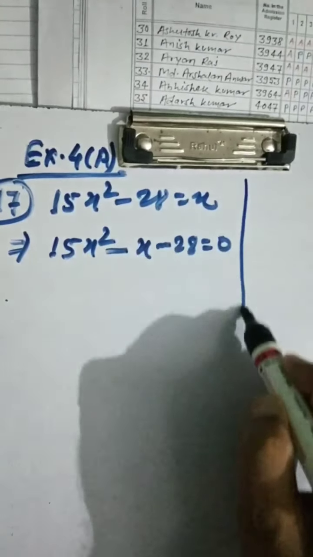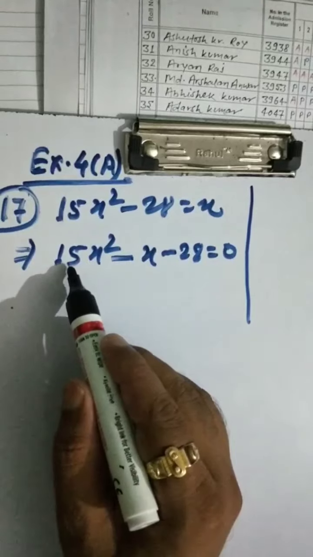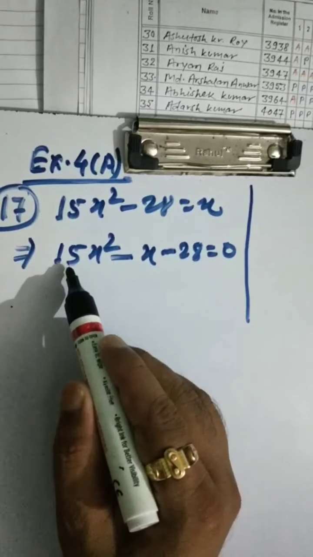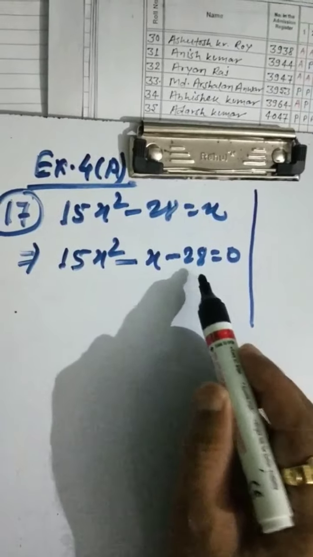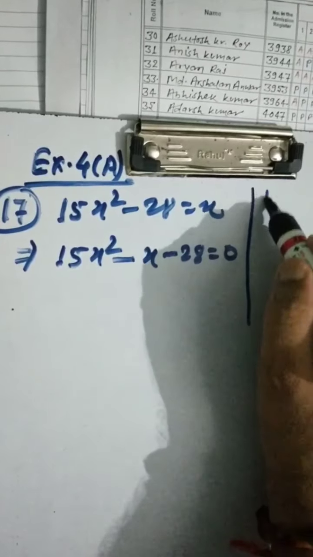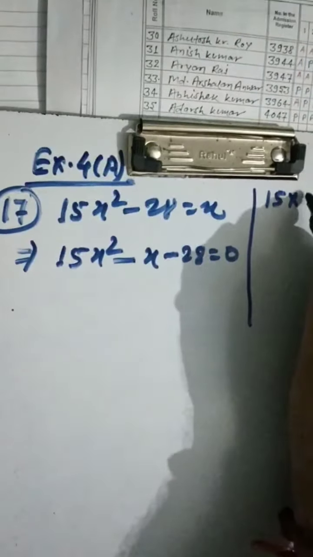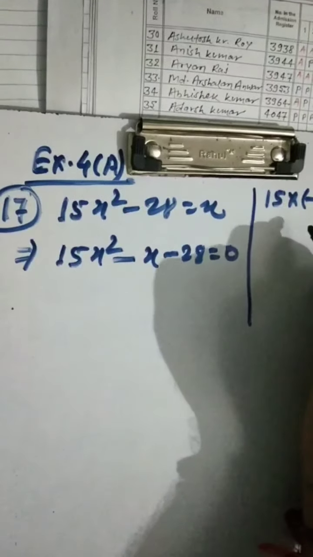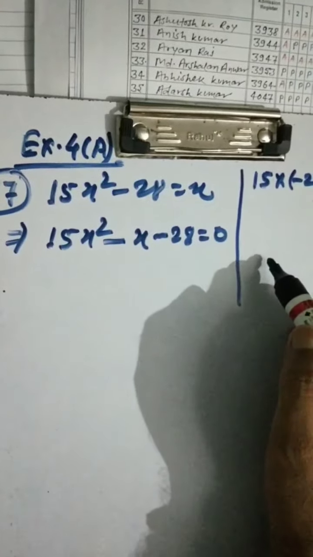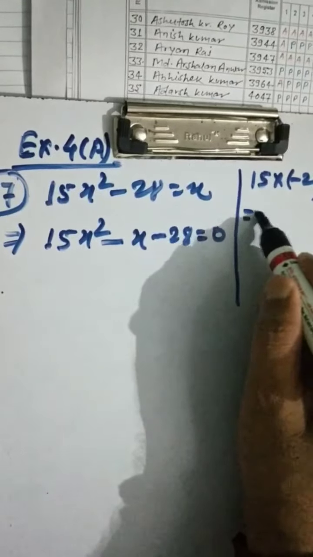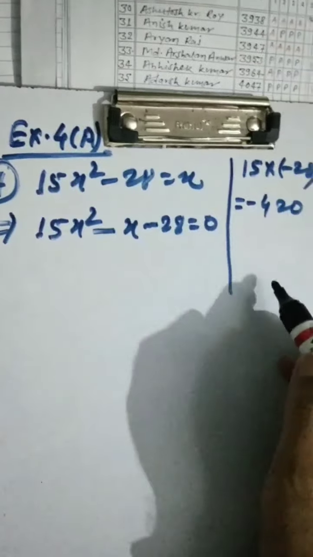Now the process of factorization is we have to multiply the coefficient of x square with constant term. Here if we multiply the 15 by minus 28, then it will be equal to minus 420.